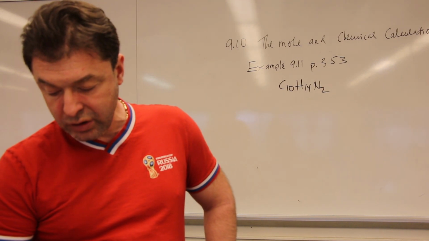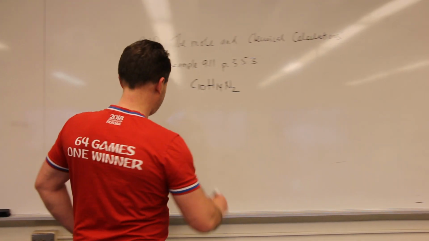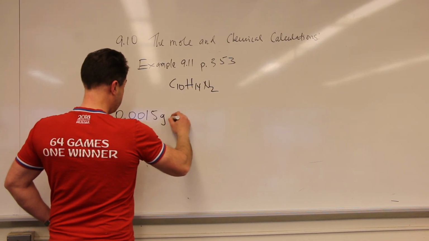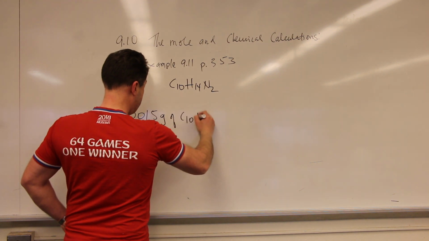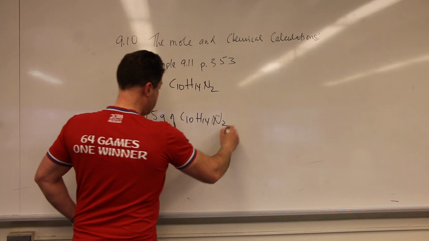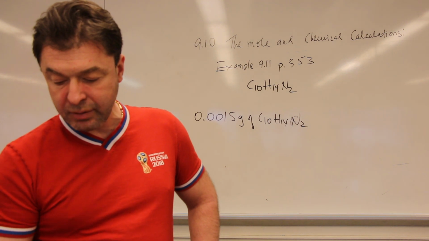The question is, how many nicotine molecules are present in 0.0015 grams? You have so many grams of nicotine. What I always like to do is figure out what the question is, what they are asking me to do.